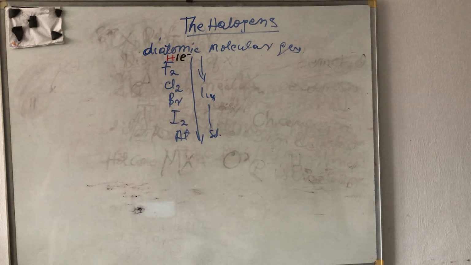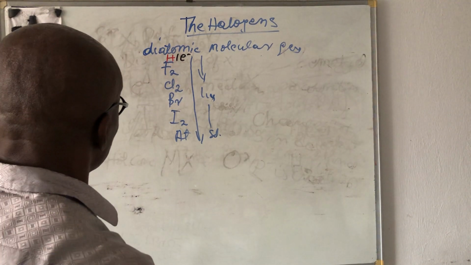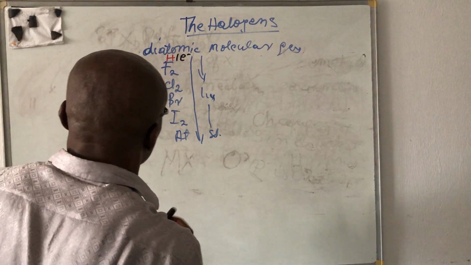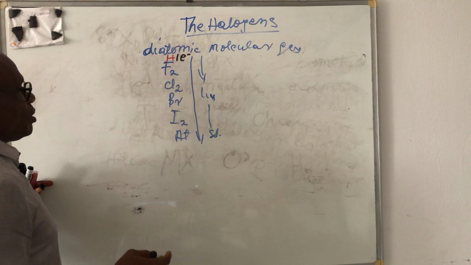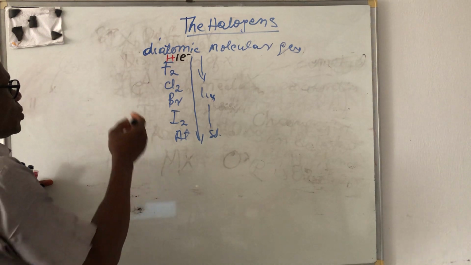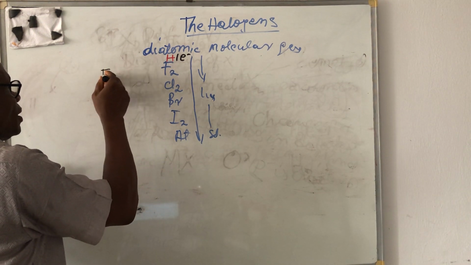So for that reason, we will start by looking at the electronic configuration of the halogens. We start with fluorine.